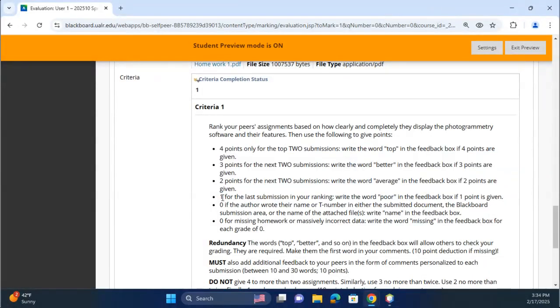You don't have to give a 1, for example, because you only have 6 other users to look at. Or you don't give one of the 3s, or one of the 2s. So you have a little more flexibility. But if everybody has done their job, it's always going to be two 4s, two 3s, two 2s, and a single 1.